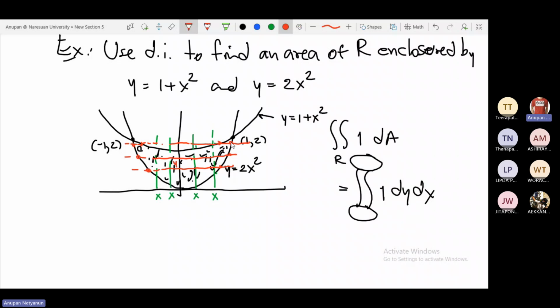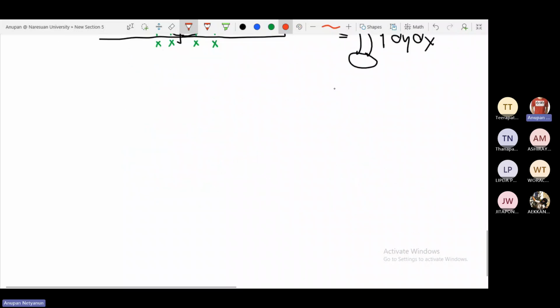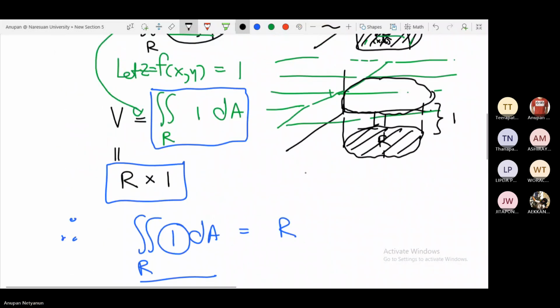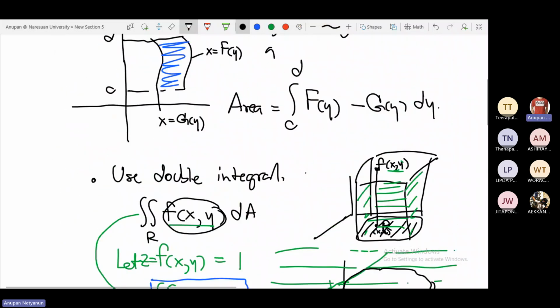Okay. So I'll let you do this problem. Okay. Now, another application is going to be, let me use the same format.